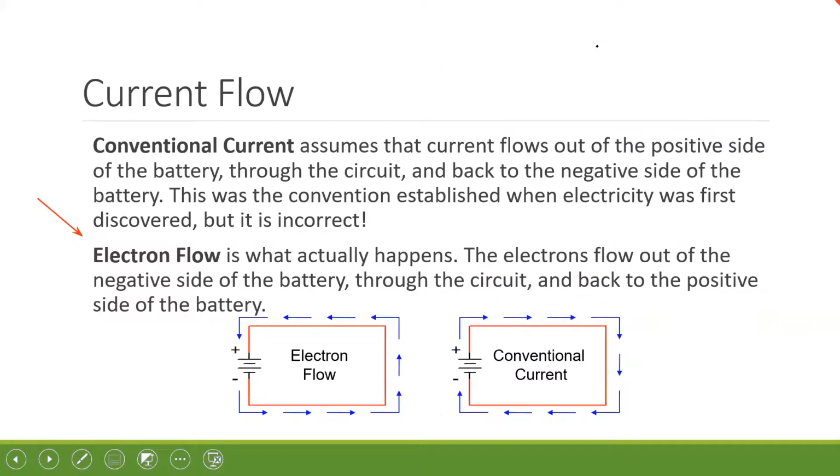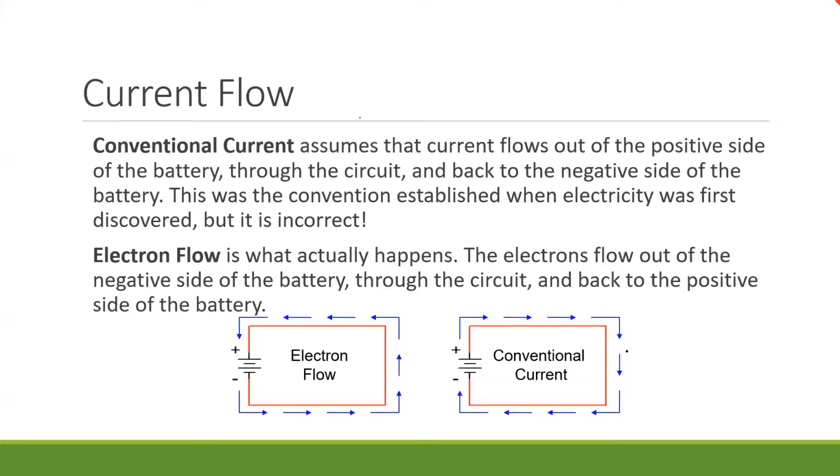Speaking about individual electrons, let's talk about this. Now, there are two types of current. Conventional current assumes that current flows out of the positive of the battery through the circuit and back to the negative side of the battery.